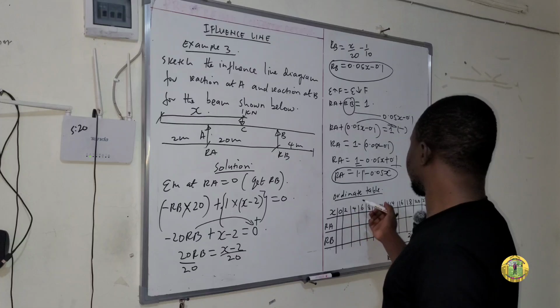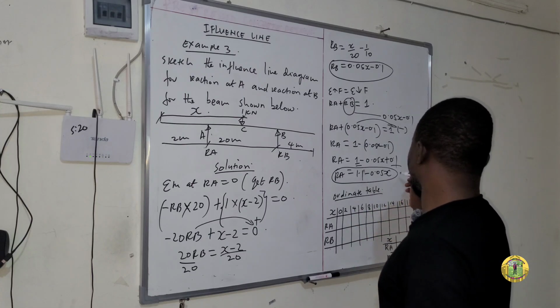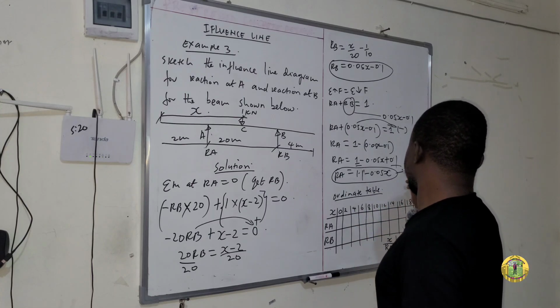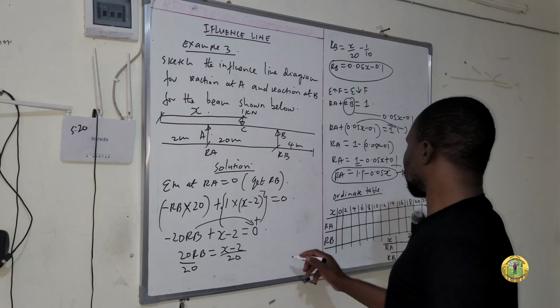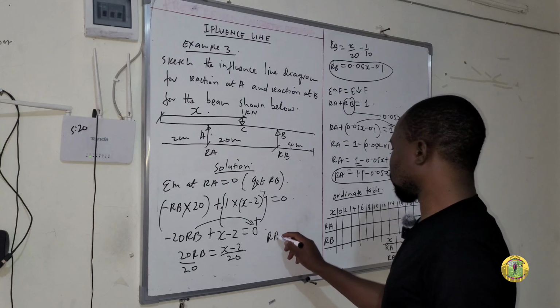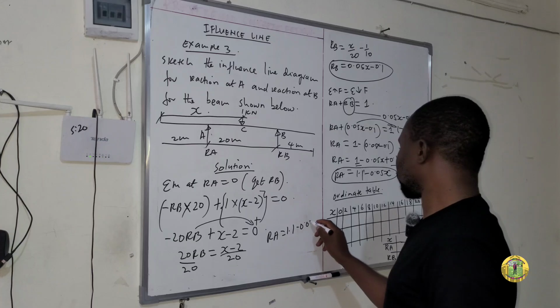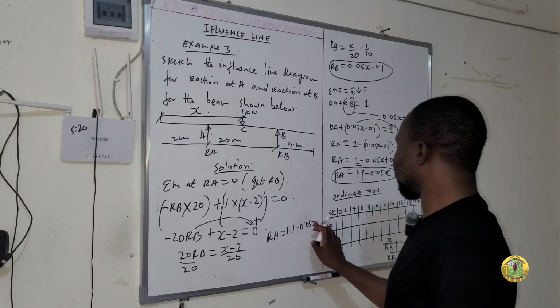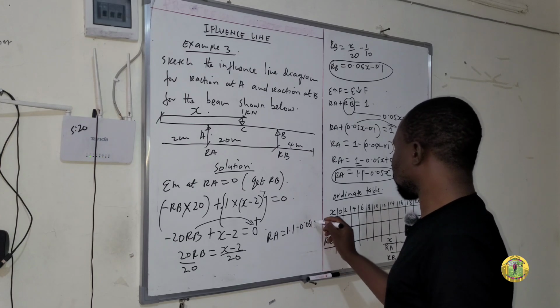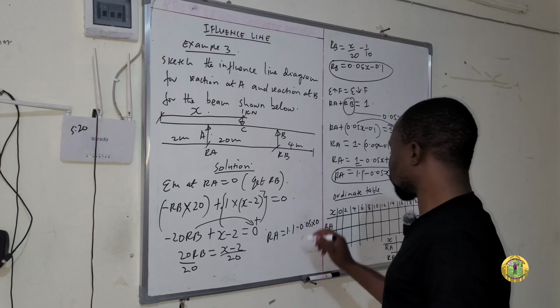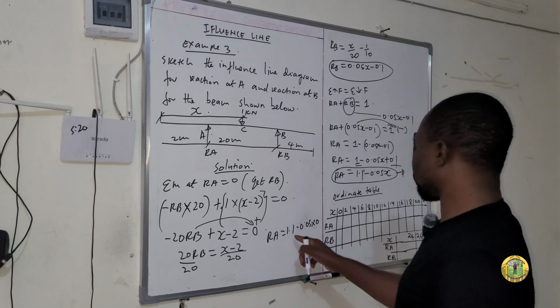if you replace from this equation, which says RA is equal to 1.1 minus 0.05 x, you replace this x with 0, so times 0. So it will remain 1.1.